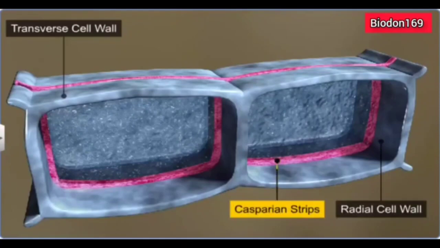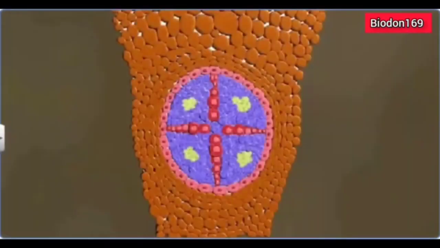Suberin is a waxy, waterproof substance present in the cell walls of the cork tissue in plants. Going back to the transverse section of the dicot root, after the endodermis, a few layers of thick-walled parenchymatous cells are present in the tissue.